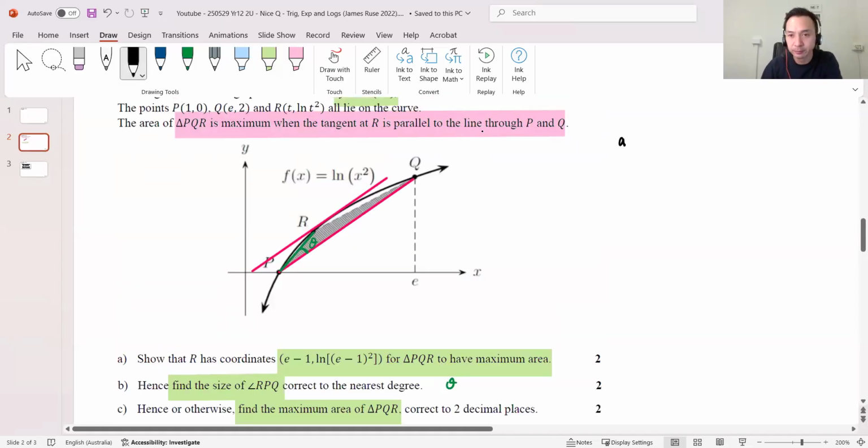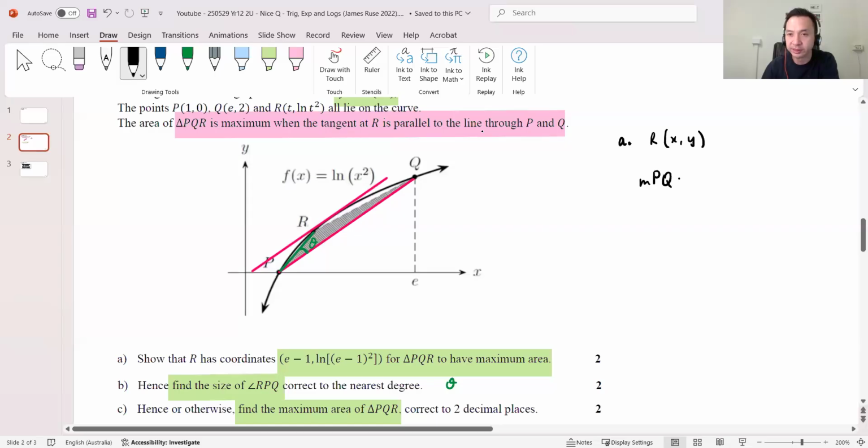For part A, I just have to find the gradient of PQ, then find the equation of the tangent to the curve, find R and equate it somehow. Let R have coordinates x, y for now. I need to find the gradient of PQ first.